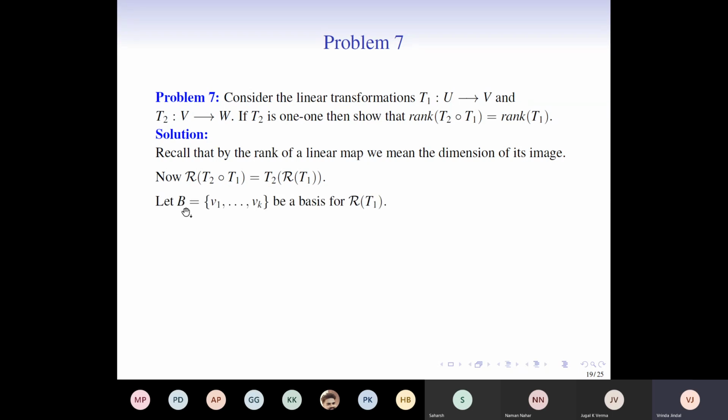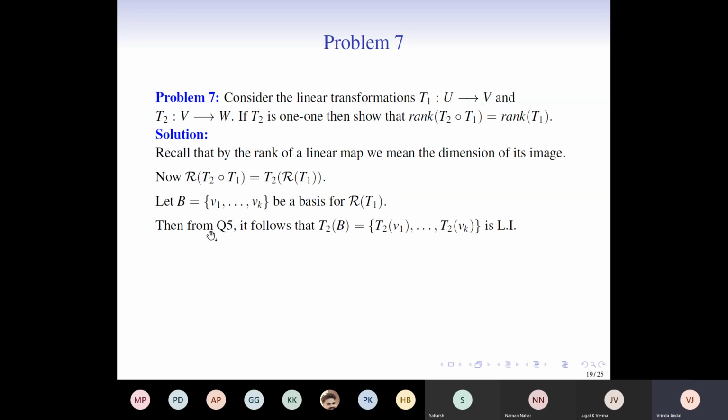So let's assume that V1, V2 up to Vk form a basis of the range of T1. Then from question 5, part 1 said that if we have a linearly independent set B, which is a subset of the domain of a linear transformation, then the set that we get after applying the linear transformation is also linearly independent.